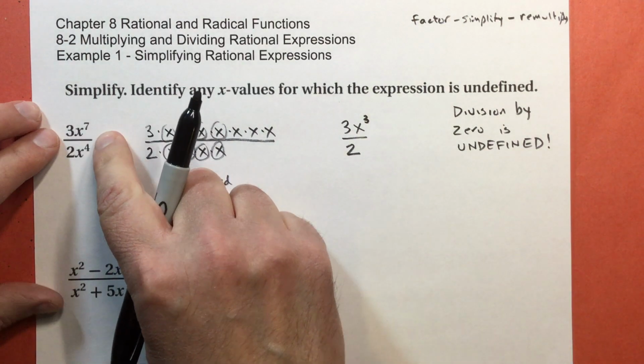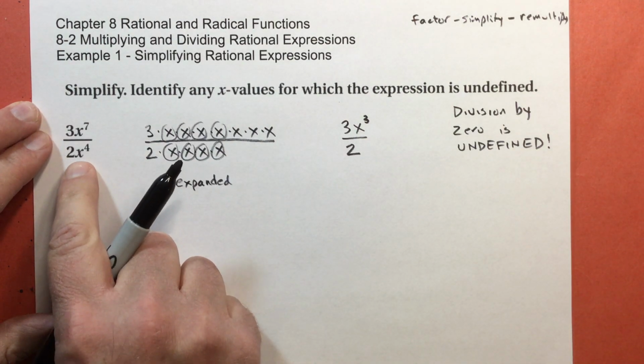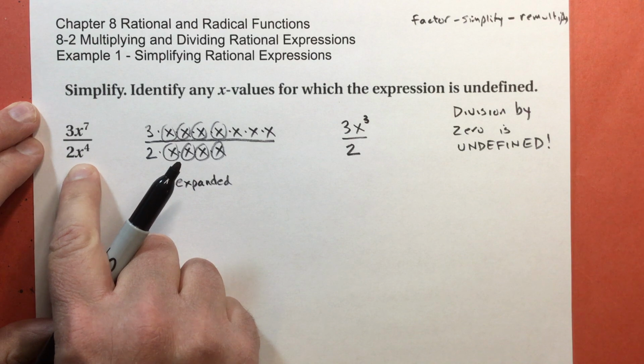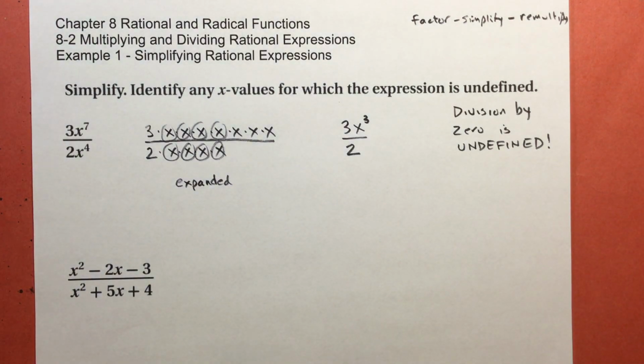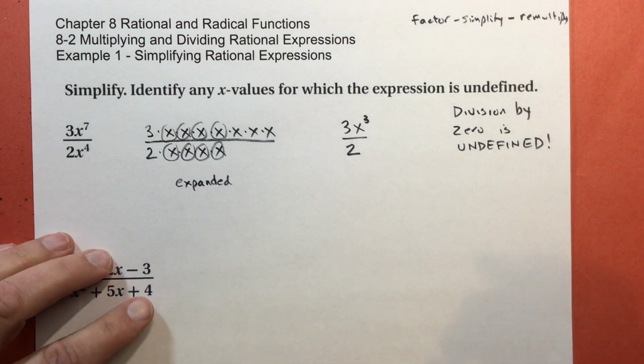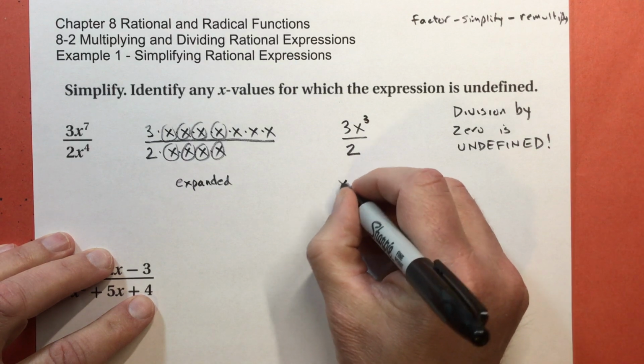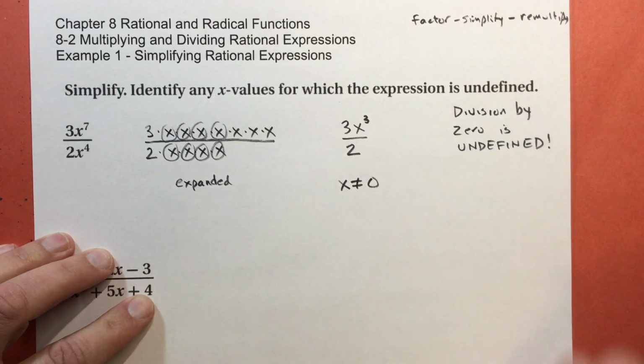Well, if I go back to the original, the only number that's going to work for that is if x equals 0. Okay? And again, this gets into a little bit of communication. I said the only number that makes this work is if I let x equal 0, but I don't want that. That's the one that I don't want. So I say, don't let x equal 0. All right?